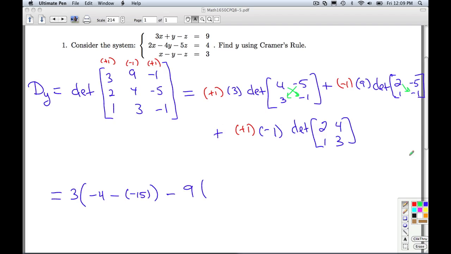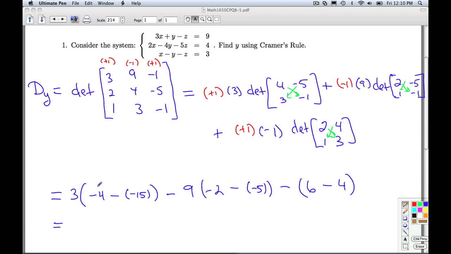I take 2 times negative 1, that gives me negative 2, and I subtract from that the negative 5 times 1, which is a negative 5. Then I'm adding 1 times negative 1, so that's going to be another subtraction. 2 times 3, which in this case is 6, minus 4 times 1, which is 4.